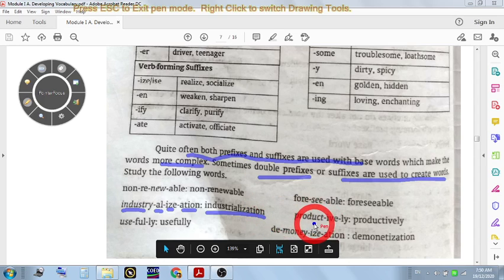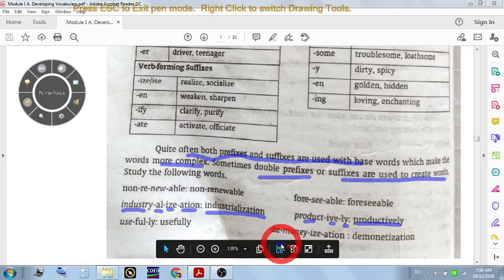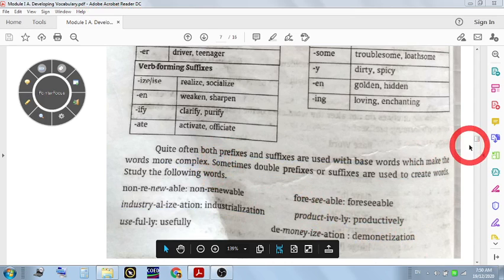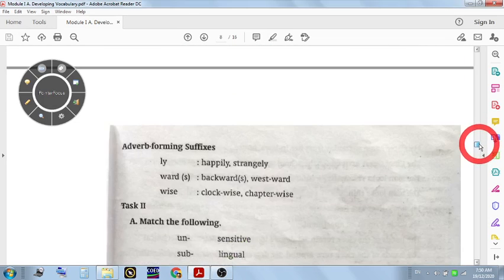The product is the base word, ive is a suffix, ly is a suffix, it becomes productively. Demonetization: de is a prefix, monetize, it is a noun. So demonetization.